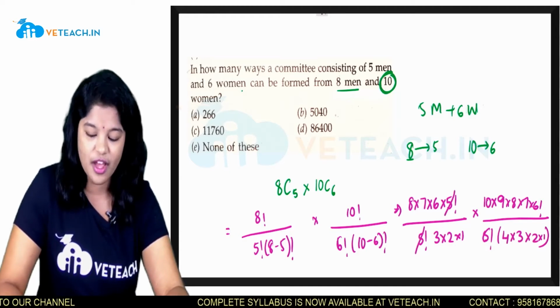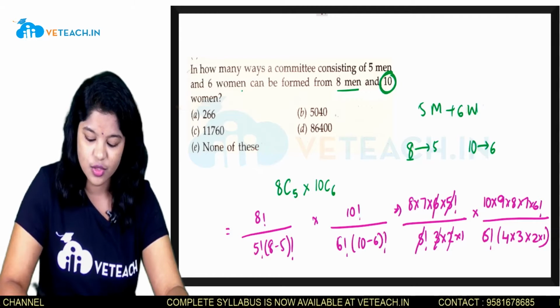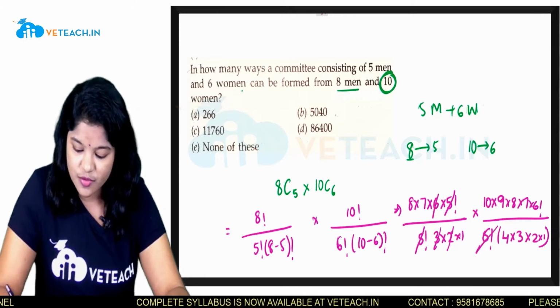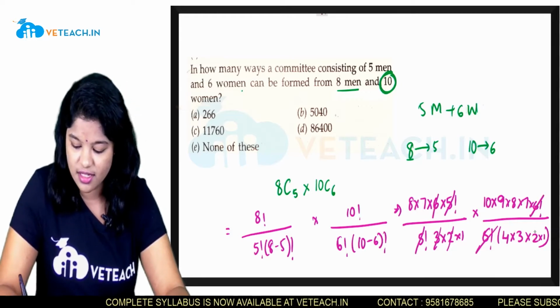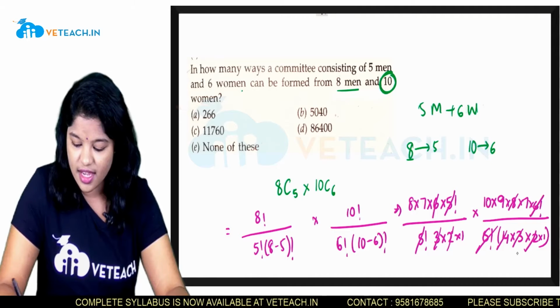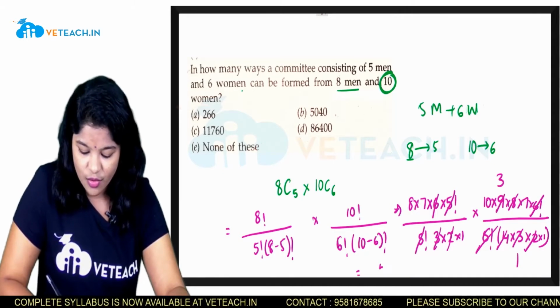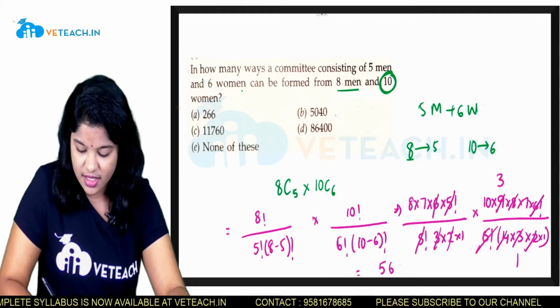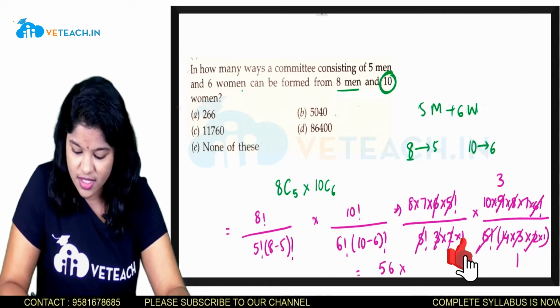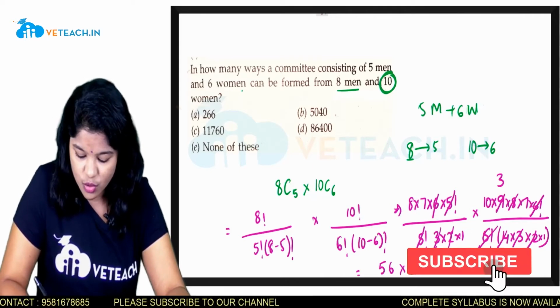Now, 5 factorial gets cancelled. 3 twos are 6. Here 6 factorial gets cancelled. 4 twos are 8, and 3 one time, here 3 times. So, the remaining are 8 fives are 40... 8 into 7 is 56, into 10 threes 30, into 7, 210.